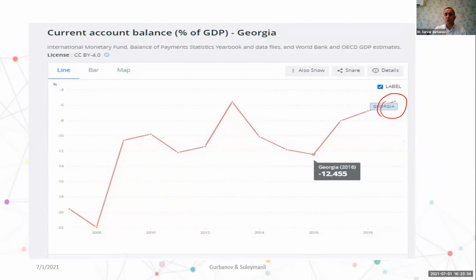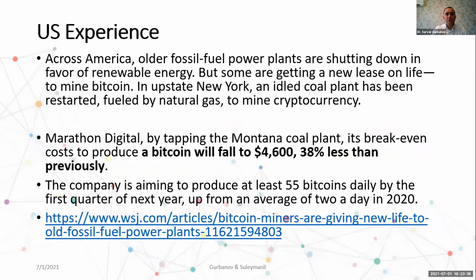So it's not easy to simply import energy from international markets. I'm sorry. So as you see, that's exactly one of the issues that grabbed our attention, because in the United States experience, they are restarting the coal plants.